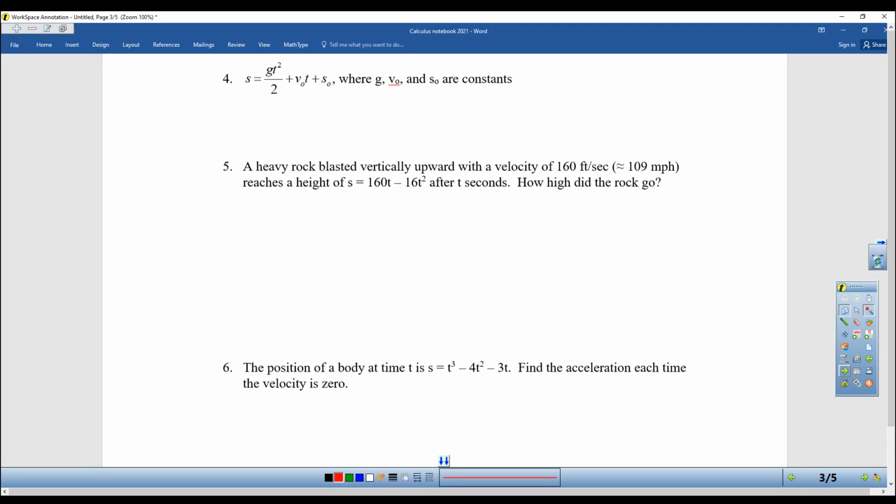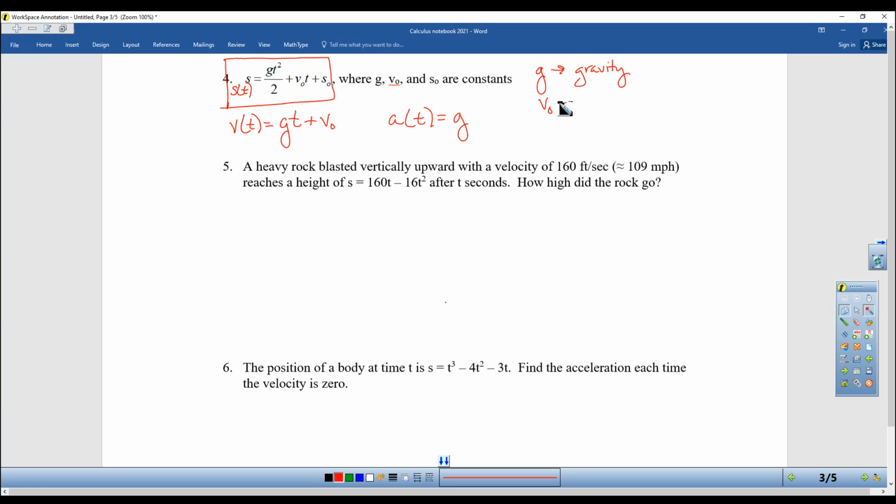So this is a general formula. It doesn't say S of t, but you can think about it as S of t. So velocity is, bring down the 2, but it cancels with that 2, gt plus VO. And then acceleration would just be g. So when you see this formula in a science textbook, the g always stands for gravity.